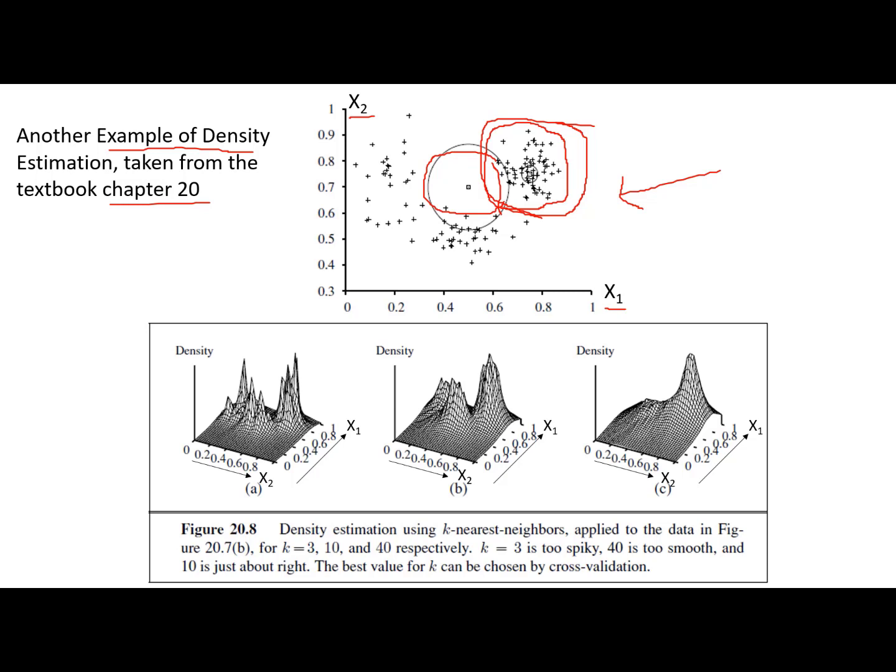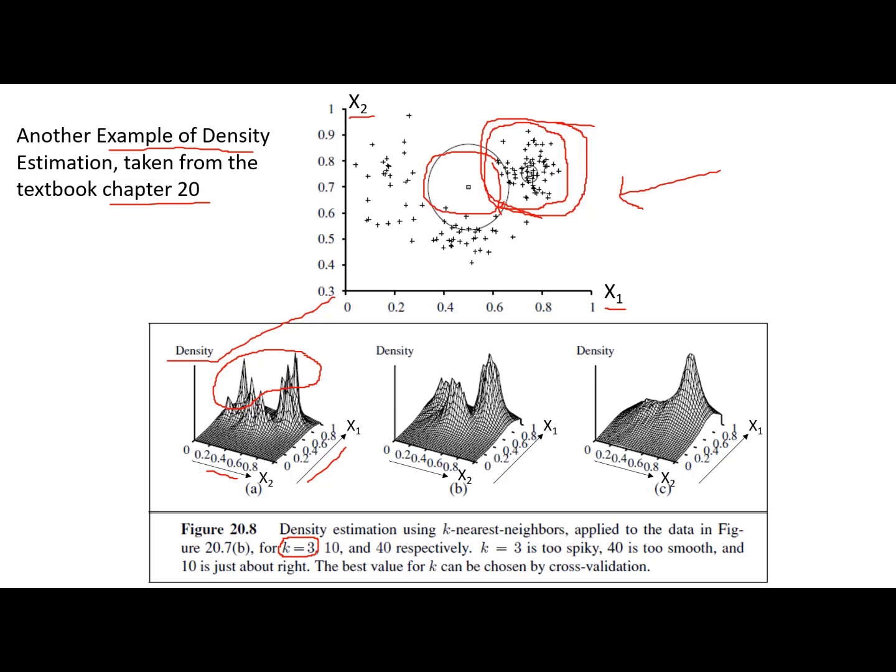Then they show that if we plot the density as a third axis added to this graph, the other two axes being the same, x1 and x2, then you see the peaks. There are quite a lot of peaks, and this is the density estimation by encircling 3 nearest neighbor data points.